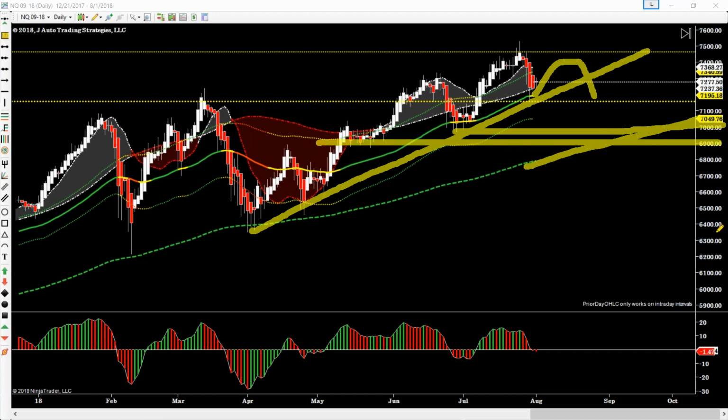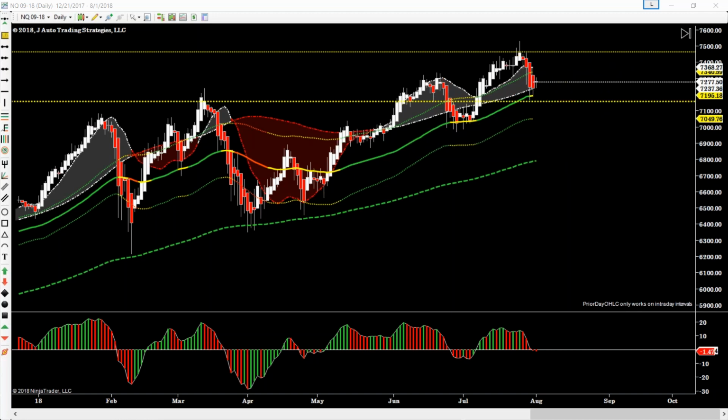One of those two, if the 7150 breaks, but it sure looks like it could. If that's going to be a head and shoulders. All right, we see the pattern.